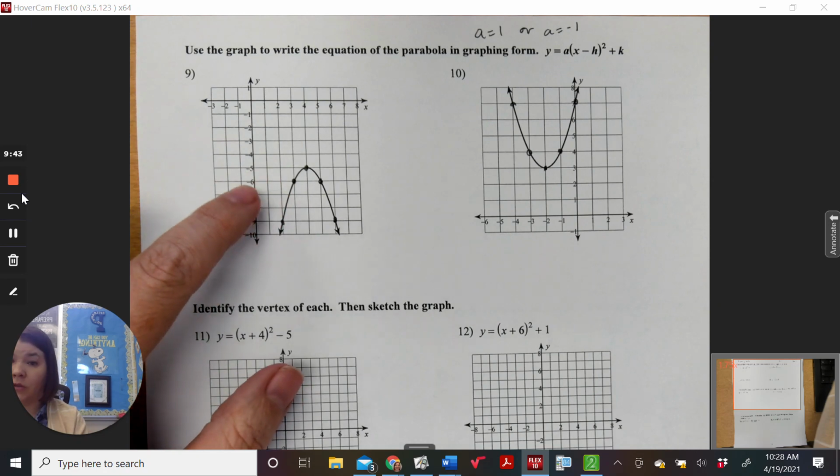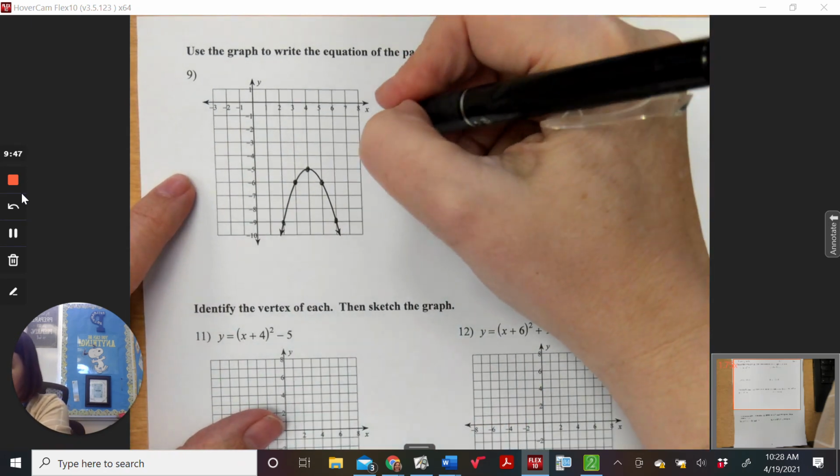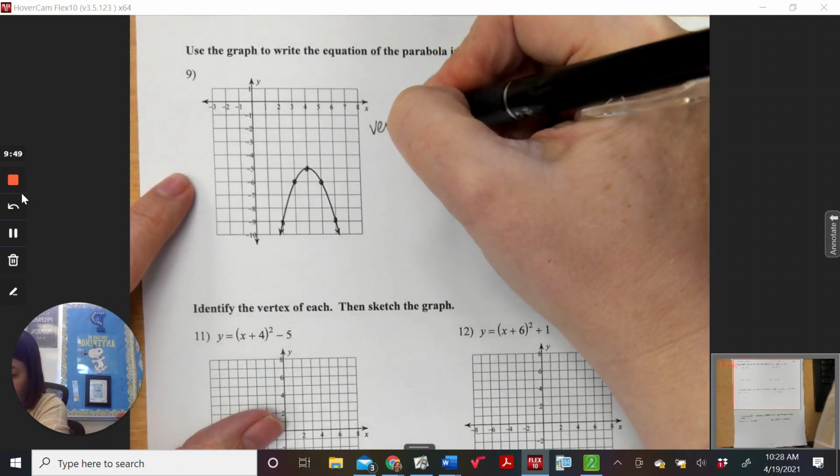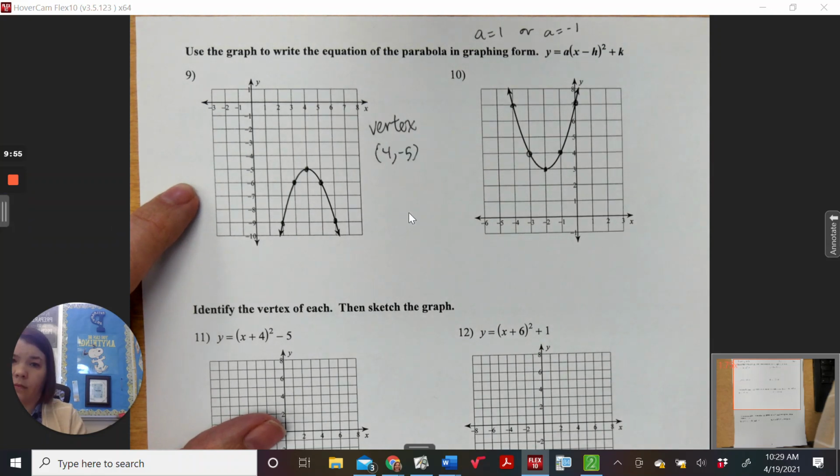So just like we had discussed a moment ago, opening up and down is the key here. So I'm going to go ahead and do 9 with you and have you do 10 on your own. We need to find the vertex. What do you think the vertex of number 9 is? Yes, the vertex is 4, negative 5. Cool.